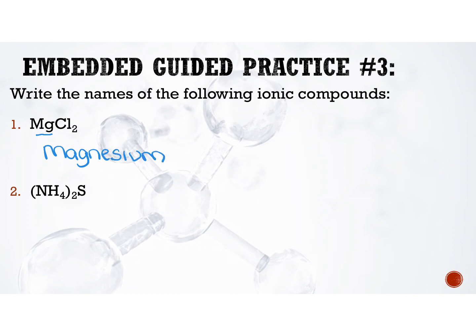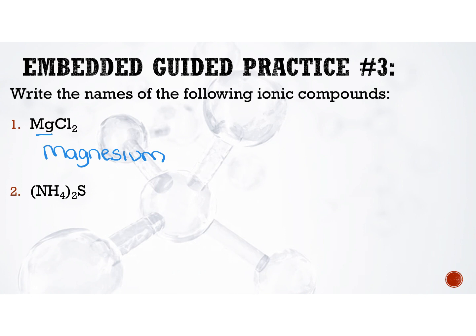And now we're looking at the last name, the anion. This is typically the non-metal. And what we do is we are going to use the root of the element, but we're going to change the ending. So the ending will always end in IDE. So bromine becomes bromide.